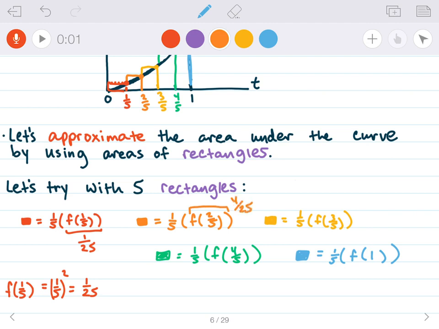And we do the same thing for all of these. I'm just squaring each of these inputs.